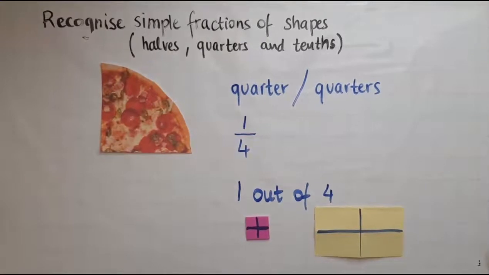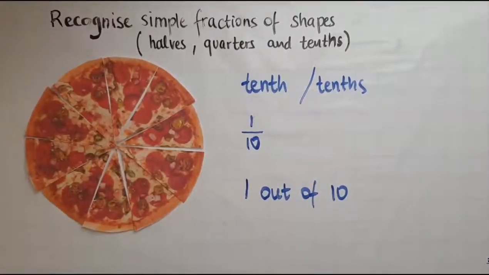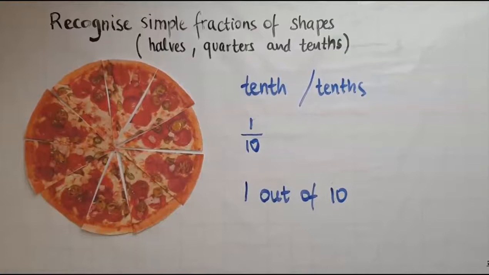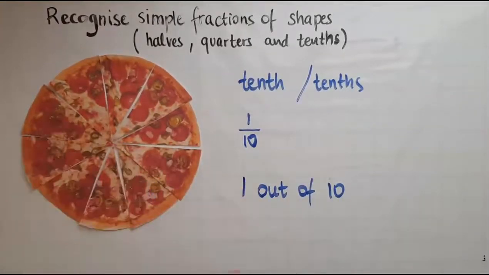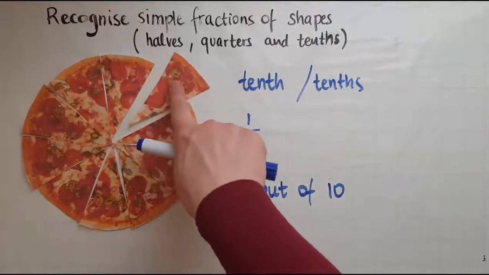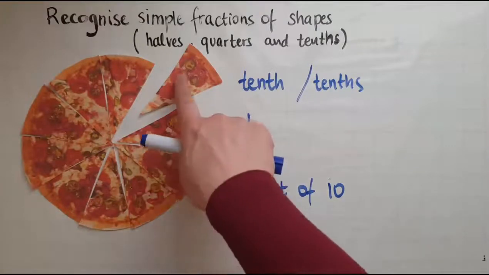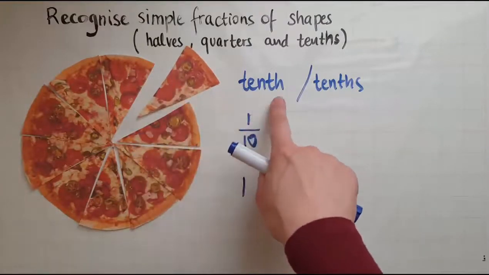We'll now look at tenths. Again, I have another pita which has been split into 10 equal parts, 10 equal slices. So I've got 1, 2, 3, 4, 5, 6, 7, 8, 9, 10 equal slices. Each of these slices is called a tenth.